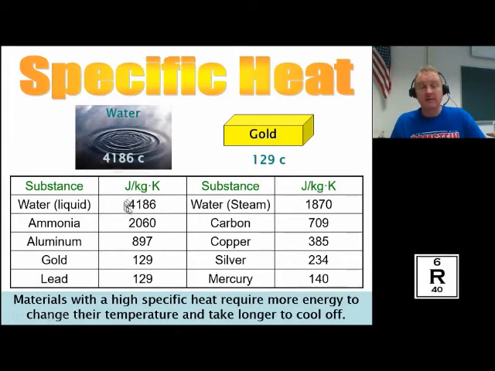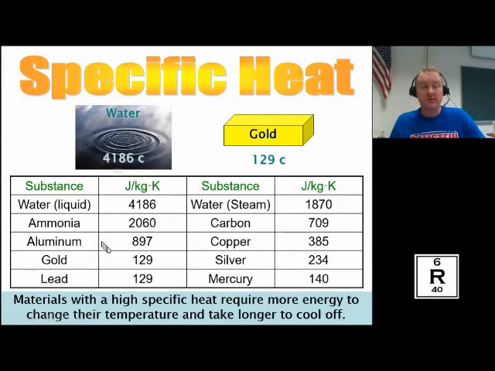Water has a constant of 4,186 as a liquid, but when water becomes steam, its specific heat actually changes. Here's a great example of phase change and how it changes the physical properties of something. 1,870 is the specific heat of steam, where for liquid water, it's much higher.